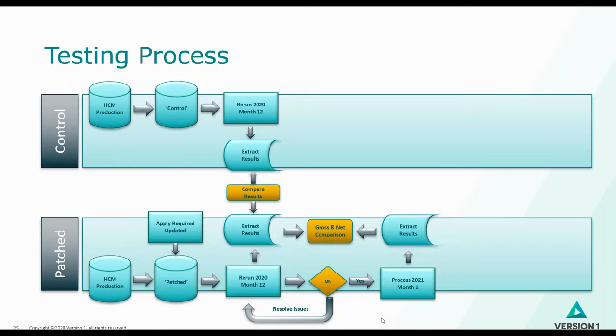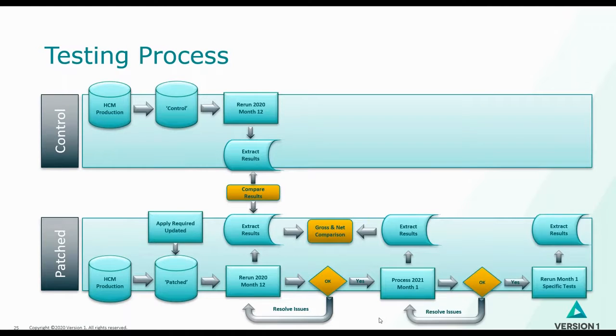And then, assuming that you're happy to move on from that, or you'd go back again and check the results, what we would suggest you did was, for the specific areas that affect you or could affect the organization that you know have changed from one tax year to the next, put together test data that is specific, enter that into your month 1 payroll, run your payroll, and do specific checks against all of those areas to make sure that you are happy with the results before you get to the point where you want to sign off and say, yeah, all of this can be moved into our production environment.